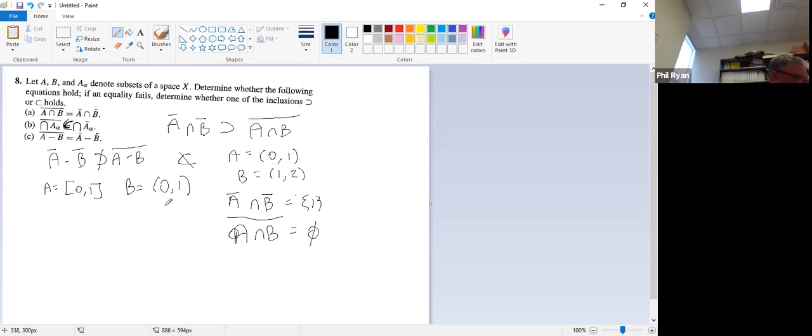So that can fail. But it's always going to be the case that the closure of A minus B is going to contain that. Because if we have an element x of A closure minus B closure, and x is not in the closure of A minus B, that means there exists a neighborhood U of x such that U intersected with A minus B is the empty set.